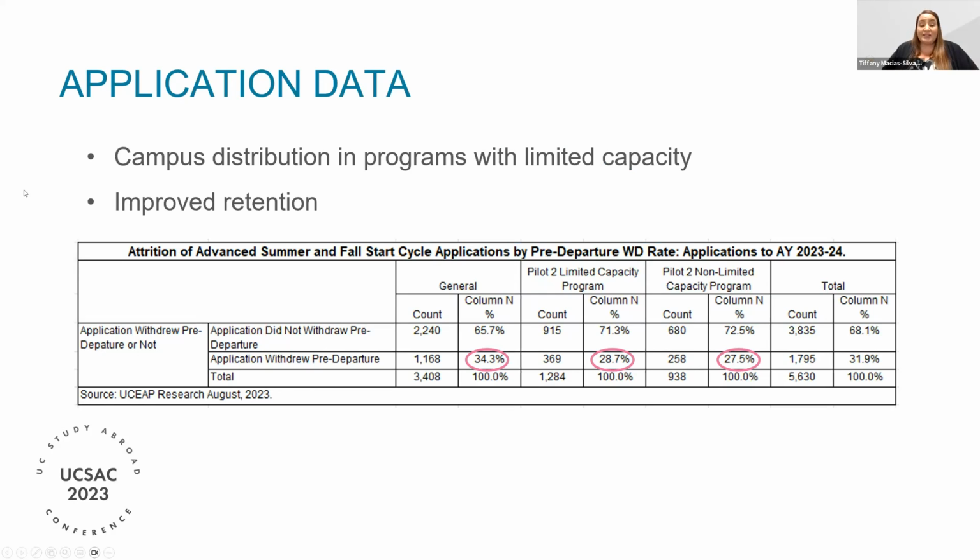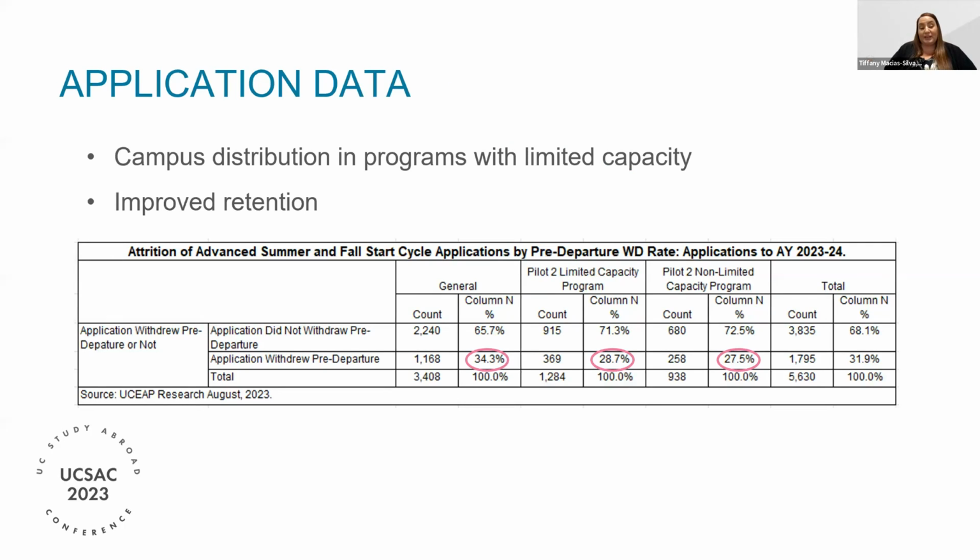We also have 2 pieces of application data we wanted to highlight for you. In the past, each campus was given a specific number of spots that they could use for their students in limited capacity programs. This system of delegating spots by campus didn't enable all qualified students across the UC system to apply with an equal chance of getting in.